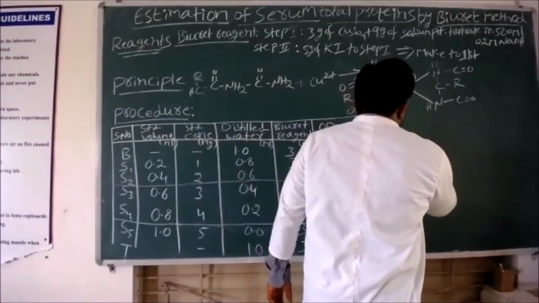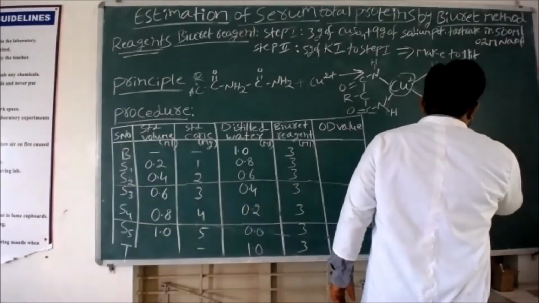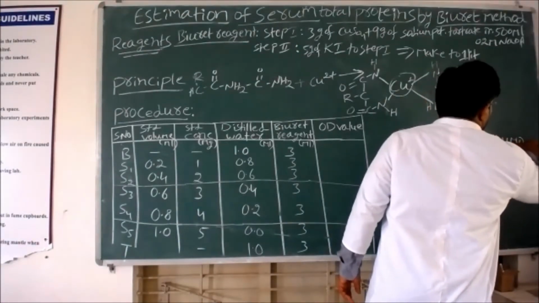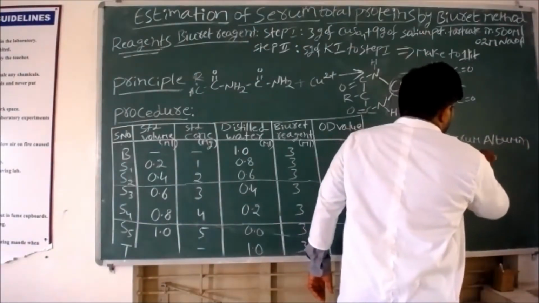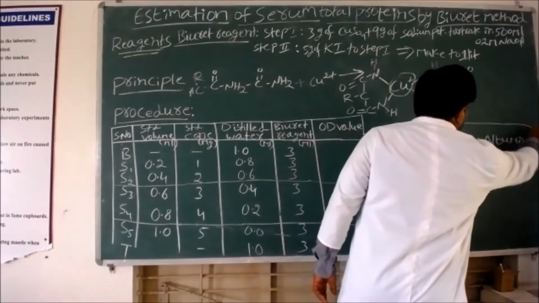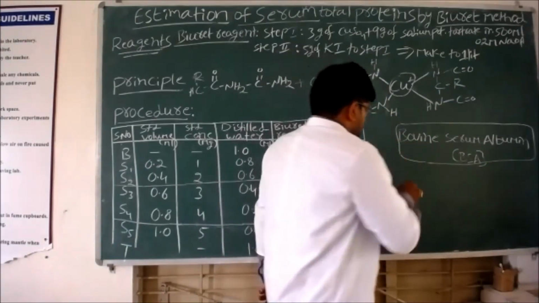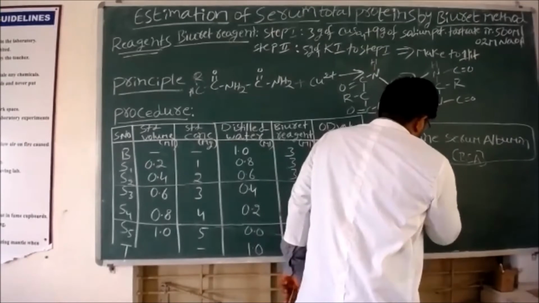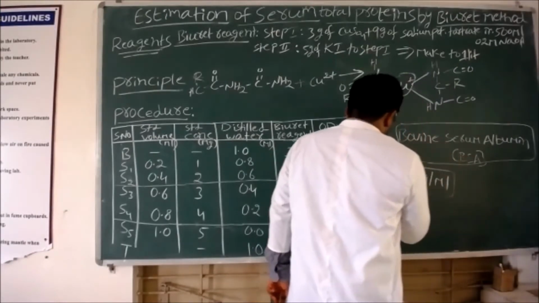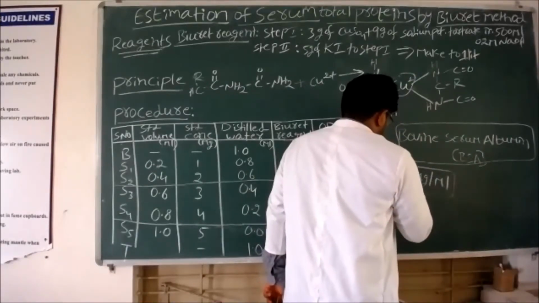Here we are using albumin, the bovine serum albumin, which we call BSA. In the market it is generally available in powder form. Using the powder, we prepare a 5 mg per ml protein solution. This is the concentration of our standard.